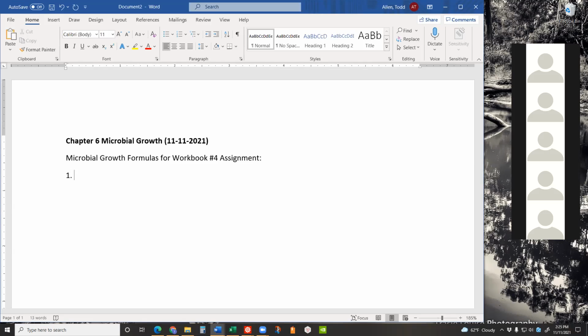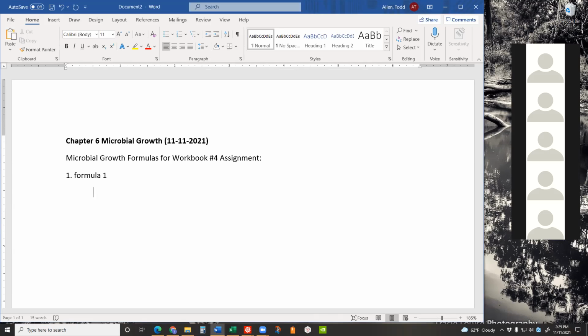I'm saying here's three equations. You may or may not need to use all 3 equations to get the answers to the workbook assignment correct. Okay? So you need to know when to apply which formula. Sometimes you may not have to use all of them. Sometimes you might have to use all of them.